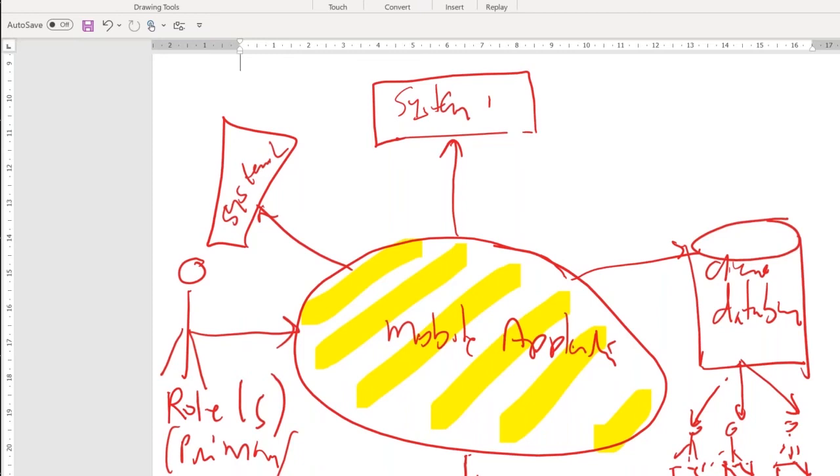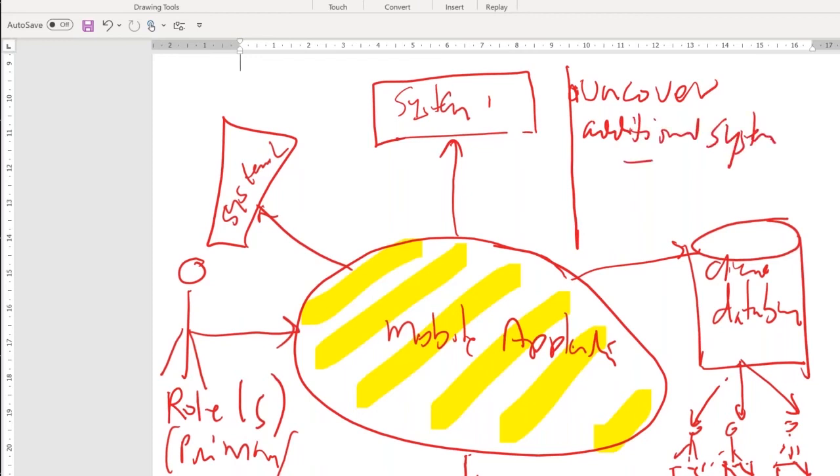And the benefit of creating this early on a project is it helps you and the stakeholders uncover additional systems that may have been missed, plus some stakeholders that could have been omitted. That is the primary reason.